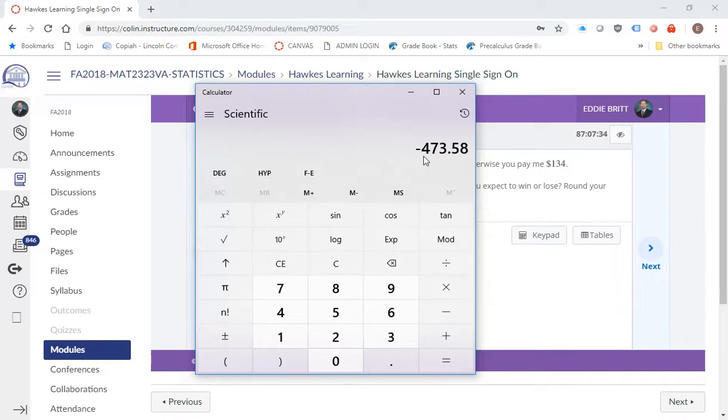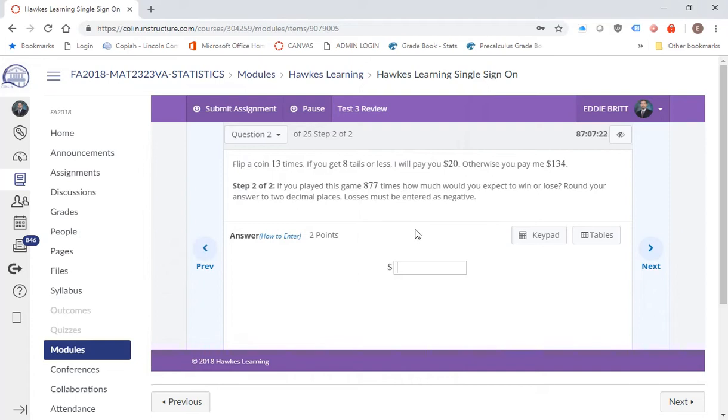Negative $473.58. So make sure on number 2, when you're working out your test, that you put in the rounded value for the cents. Okay, don't put in the 4 decimals like I did to begin with. All right, so negative 473.58.